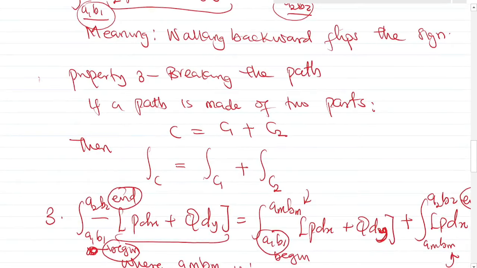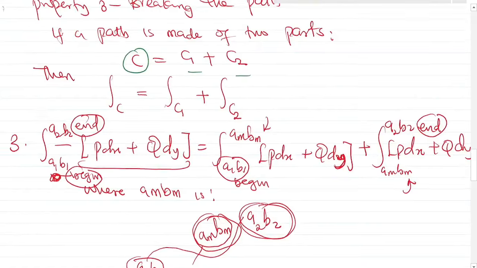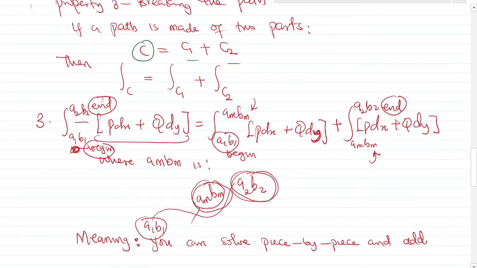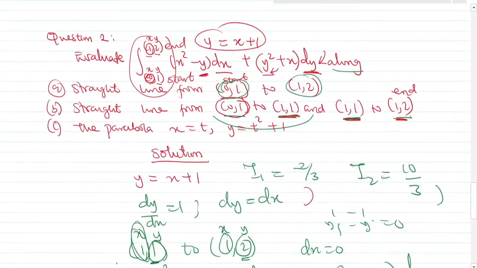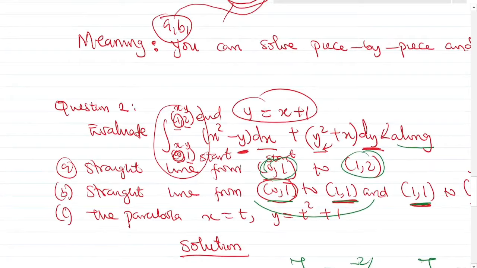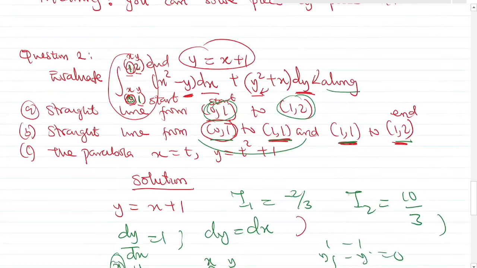You can break this part C into 2, so you add them together, just like this. Our question initially stated that we are going from 0, 1 to 1, 2. Now we split it from 0, 1 at the beginning to 1, 2 eventually, which is the end. But we first go to 1, 1.